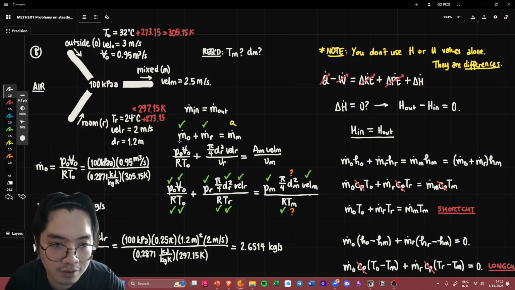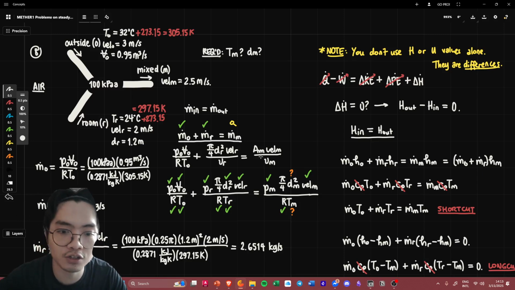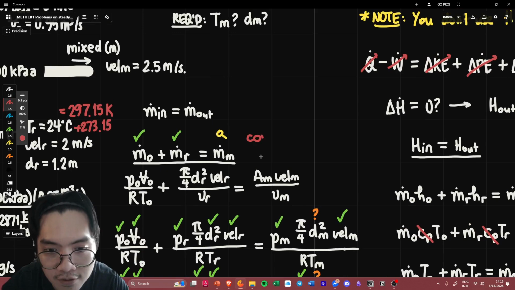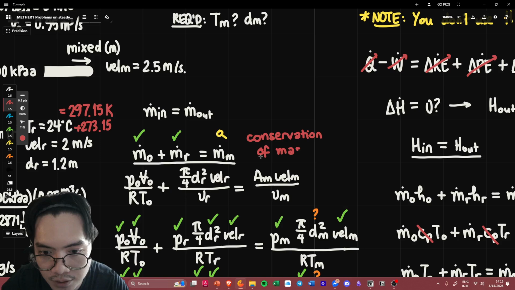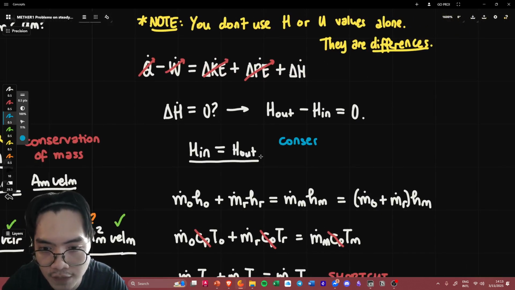If you narrow your vision into these two formulas, rather, conservation of mass and conservation of energy, you will see forward. Conservation of mass, which is this, and then here we have conservation of energy.